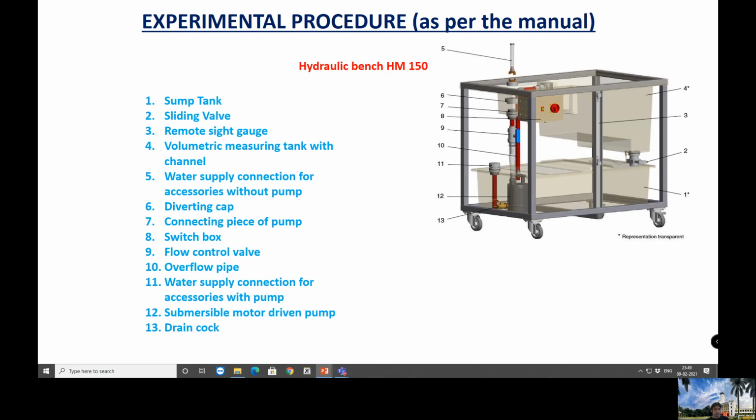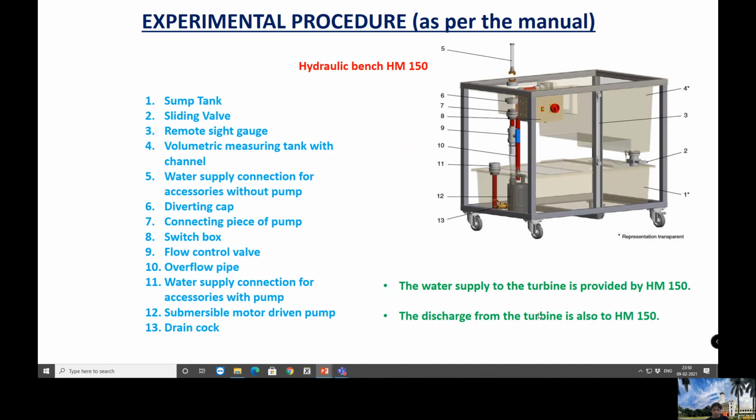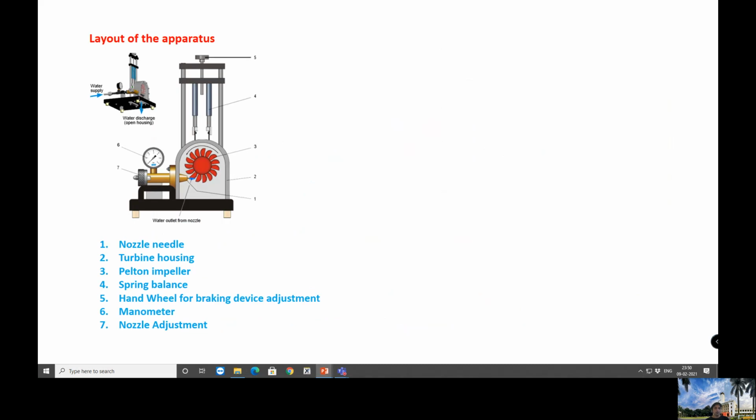Mr. Devashish Ghosh has explained it in a much better way in the previous experiment, while doing the demonstration, and also in this experiment as well. As I said, the water supply to the turbine is provided by HM150, the hydraulic bench, and the water that leaves the turbine also goes to this hydraulic bench.